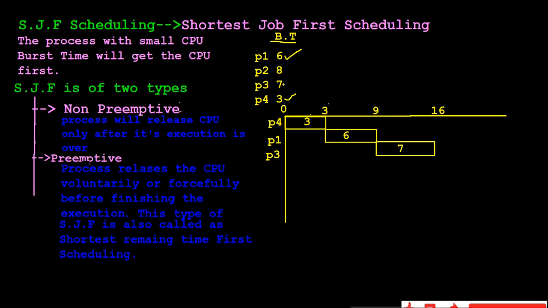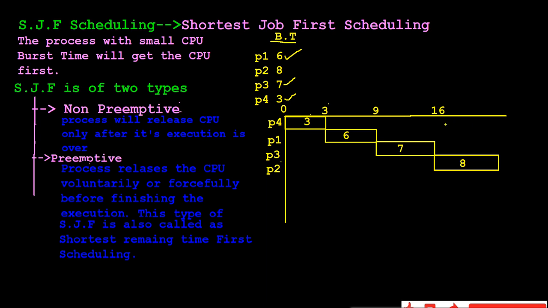Now P3 is also over, so only P2 is pending, so P2 will start the execution at the 16th second. It will continue for 8 seconds till its execution is over.